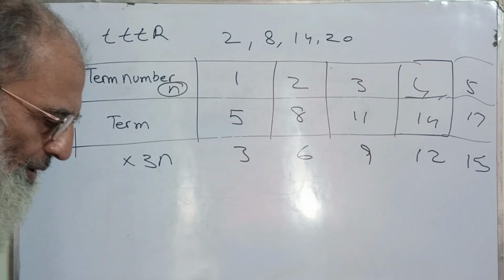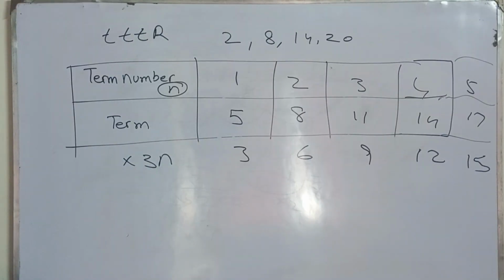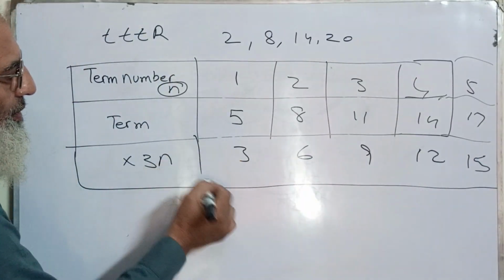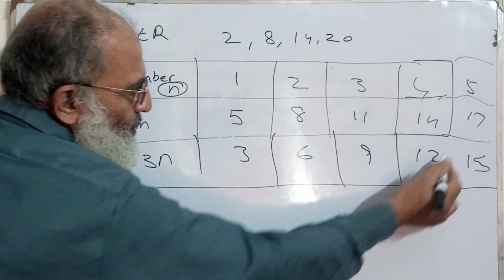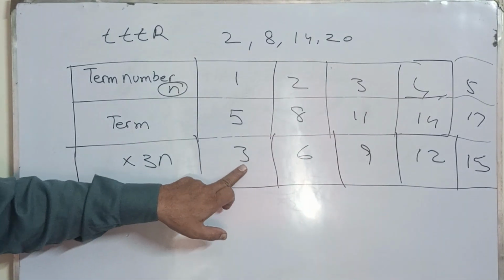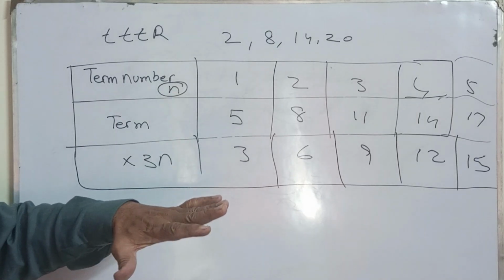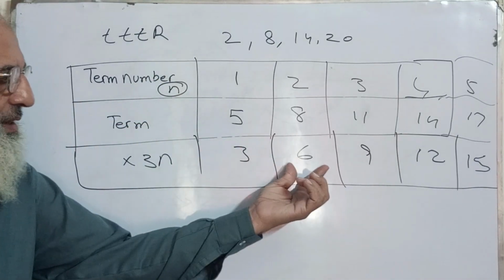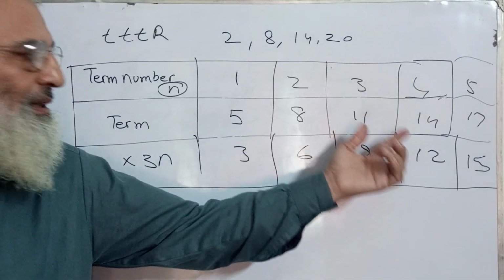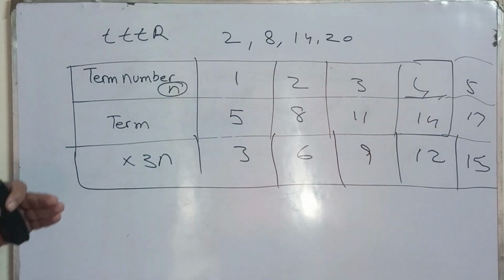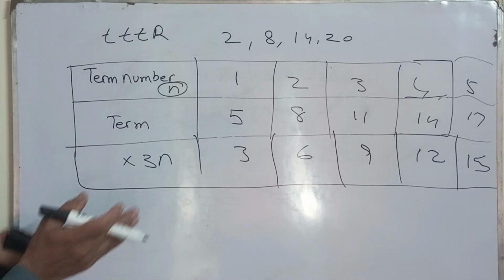One step more forward. If you just compare the two, now this is again a table. I am missing a smart board. You see that this is 3, this is 5. Just compare them. This is 3, this is 5, this is 6, this is 8, this is 9, this is 11, 12, 14, 15, 17. Is there any sequence in between the two?